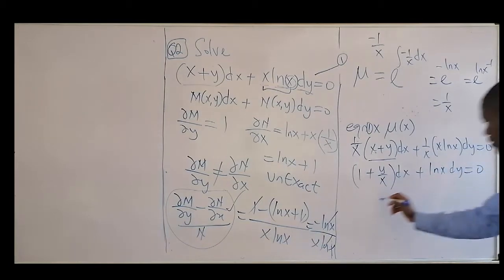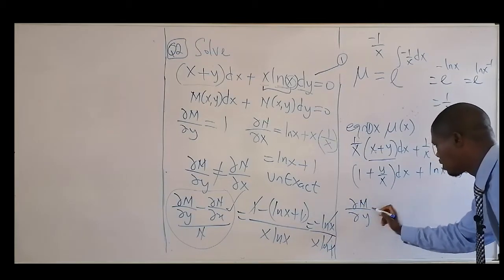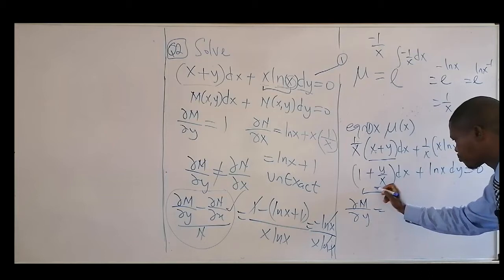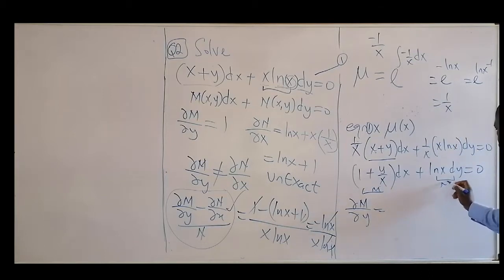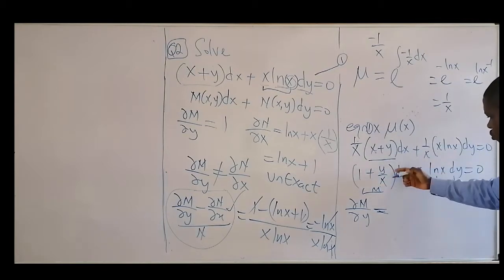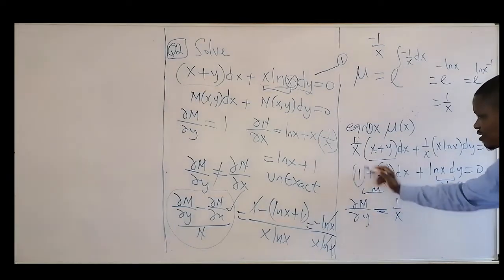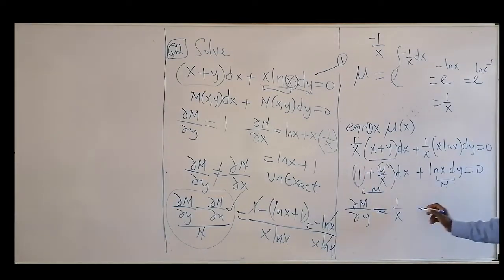And then we know the M, partial differential of M with respect to y. This is my M, and this is my N. Repeat the process for exactness. Once you multiply by the integrating factor, then repeat the process for the exact differential equation. You only differentiate the y, and that's 1 over x. This one is a constant, that will be 0. Then come back here, partial differential of N with respect to x, that will be 1 over x.